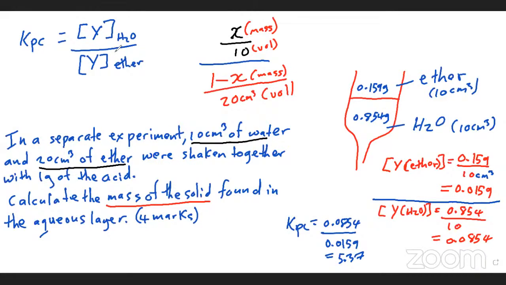Remember, mass concentration is mass divided by volume. That is why you have X over 10, the possible mass in water over the volume, divided by the possible mass in the ether over the volume. All right. So KPC would equal all of this here.